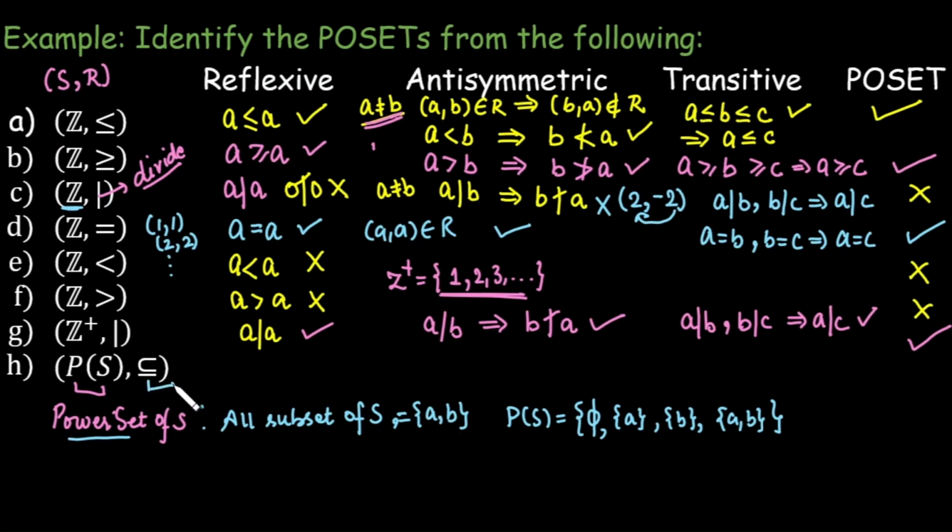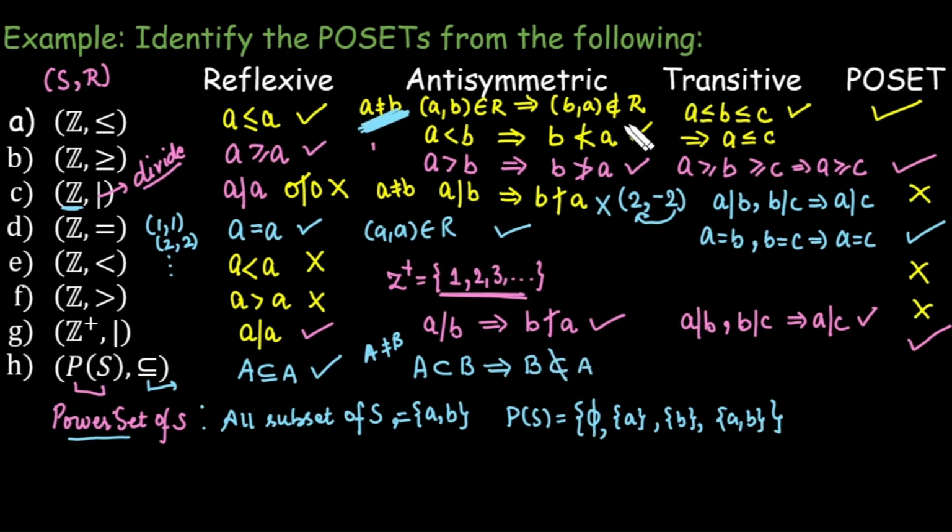Now we have taken subset as the relation. We need to identify whether this is a POSET or not. So first check for reflexive. Reflexive means every set is a subset of itself. Yes. For antisymmetric, if the sets are not the same, meaning set A is not equal to set B, and A is a subset of B, now it is properly contained in B. Can we say that B is properly contained in A?